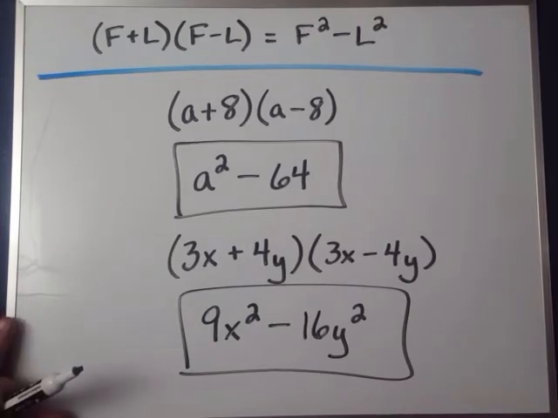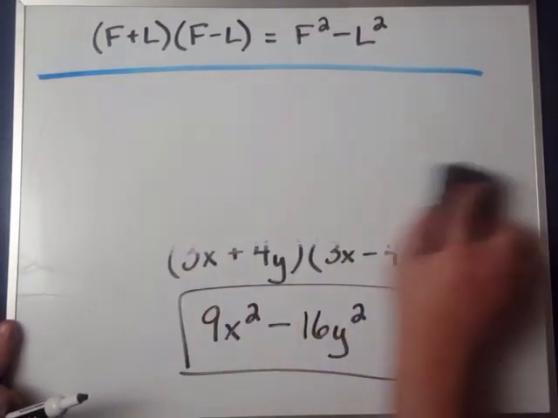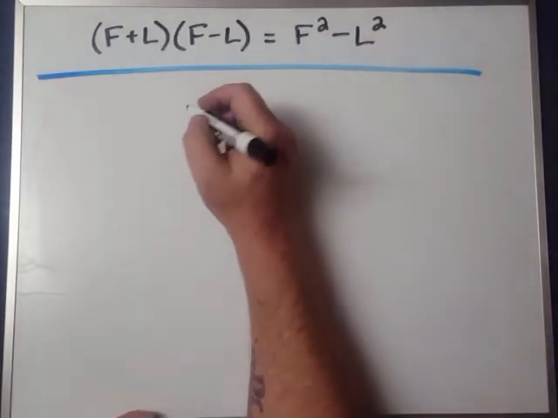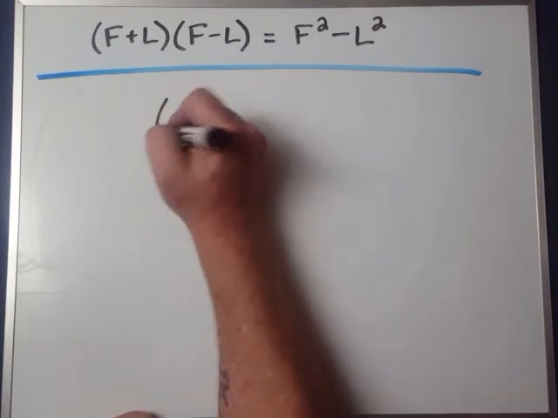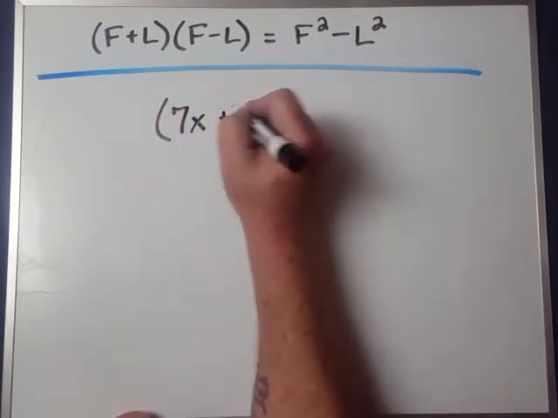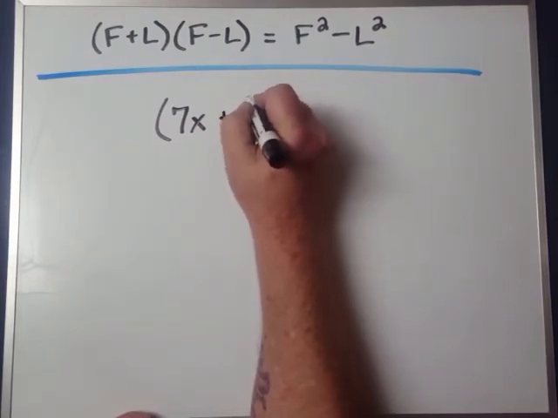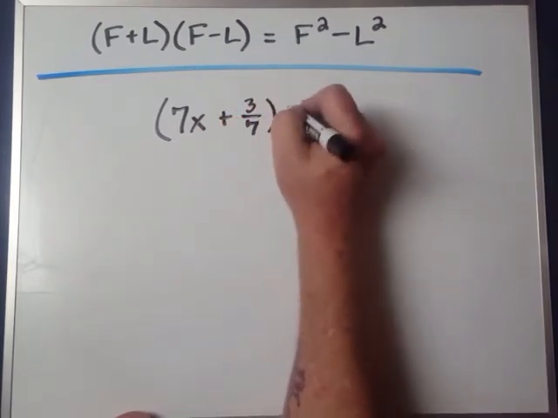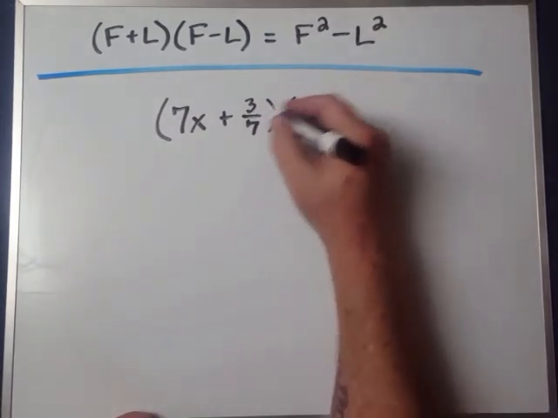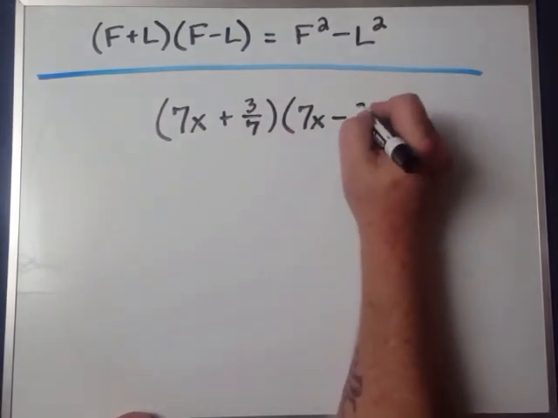Especially true, look at number 42. Now, if you want to practice your FOIL with fractions, help yourself, just not in this section. In number 42, recognize that this is the product of a sum and difference of the same two terms, this plus that times this minus that.